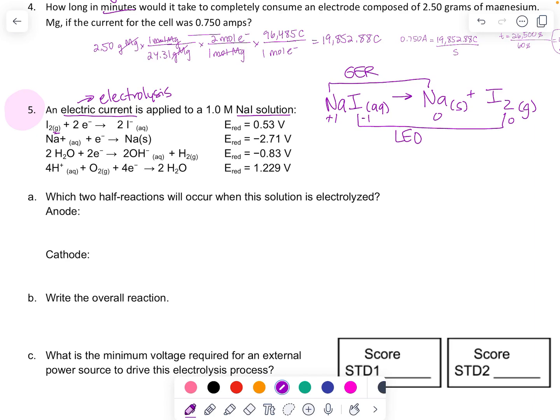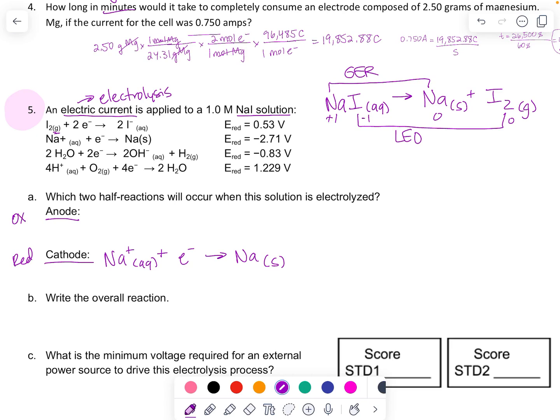Okay, so there are possibilities for what the anode and the cathode could be, and this is just one set of them. So we will look at them separately. So first, one thing that could happen at the cathode, which is reduction, is my Na plus ion could be accepting an electron and becoming Na solid.